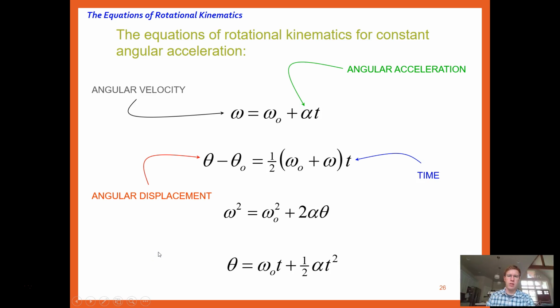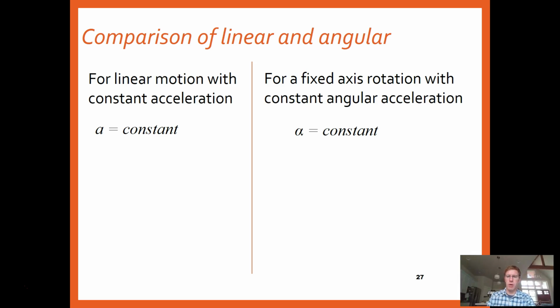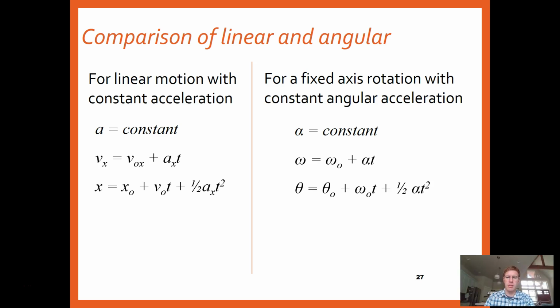So the equations of motion look just like our other ones, replacing all of our English letters with Greek letters, and you have really the same equations that we're going to get to use over and over again. So it's really just a repeat of what we've done in the past. Again, just showing you these equations side by side.